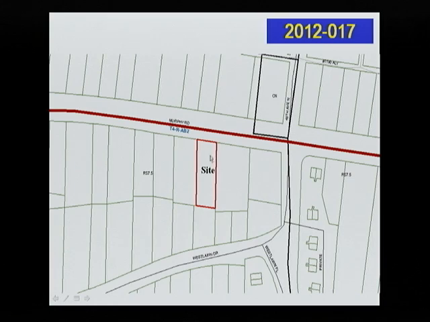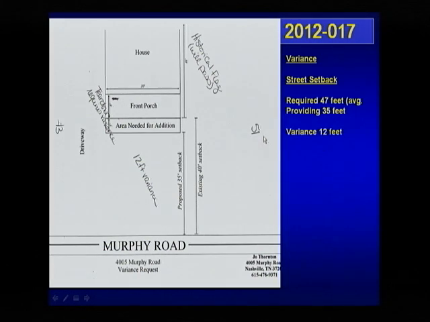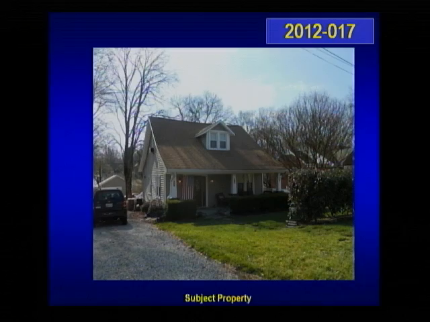That requires a setback being a minimum of 40 feet or the average of the homes to either side, whichever is greater. In this case, the average is actually the greater of the two. North on this drawing is at the bottom of the page. The homes on either side are 43 and 51 feet in distance, and that requires their setback to be 47 feet based upon that average. They are requesting to have 35 feet, and that would be a variance of 12 feet in total.